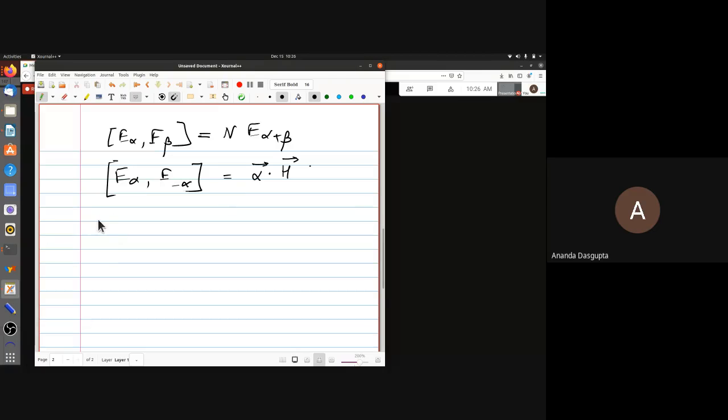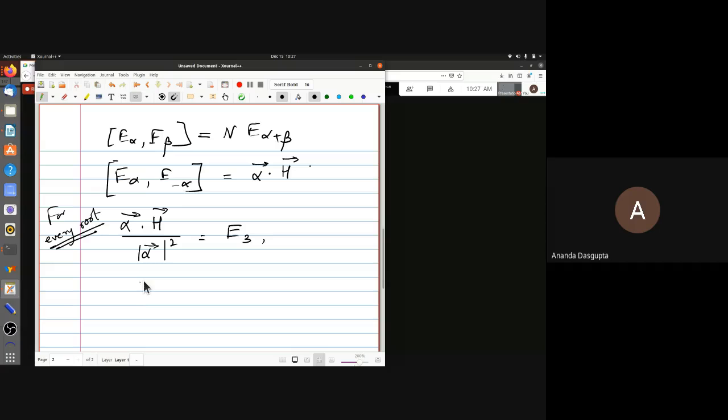And so going back, this works for every root, or rather, strictly speaking, for every root pair, alpha and minus alpha. You have this result that alpha dot h, and you will just scale it with alpha mod square. That's just to make the generator look nice in the end.